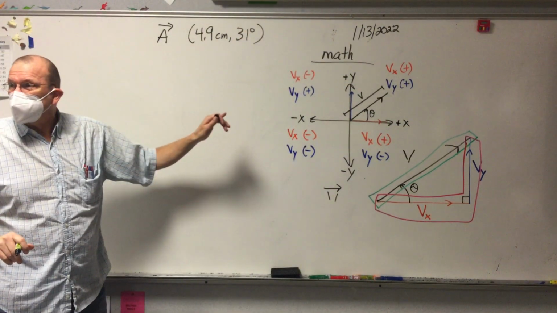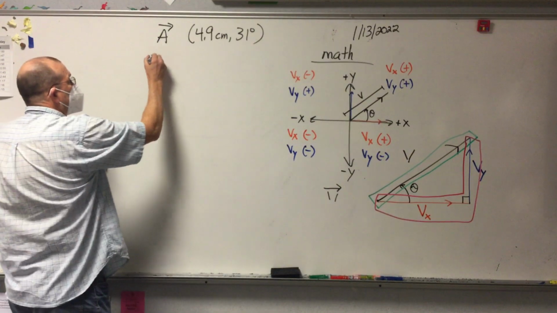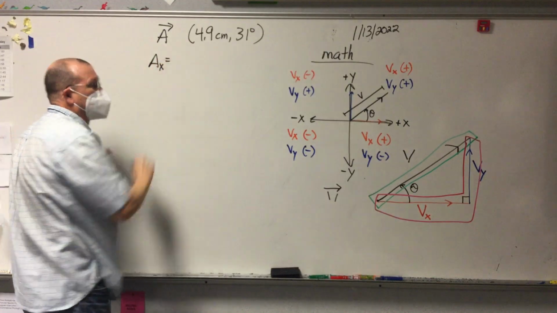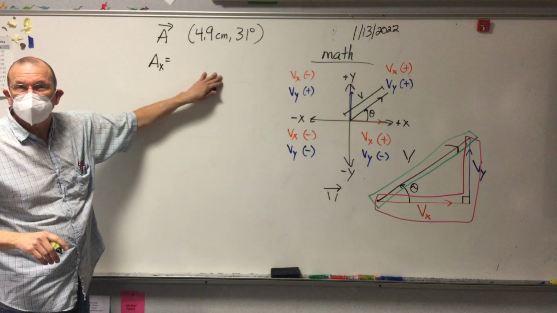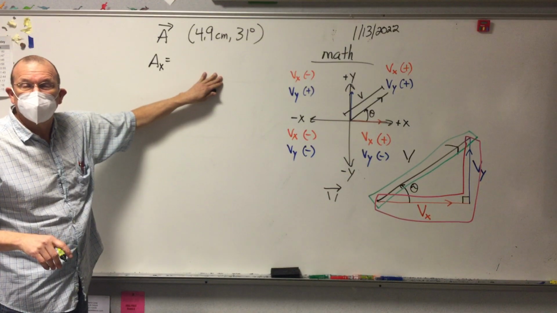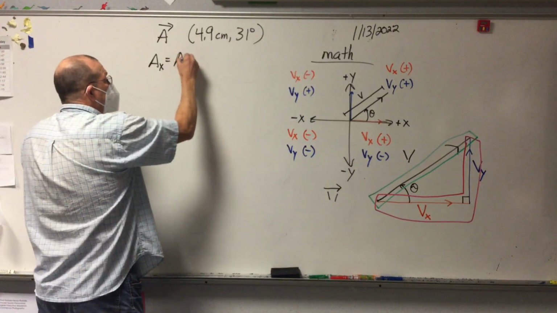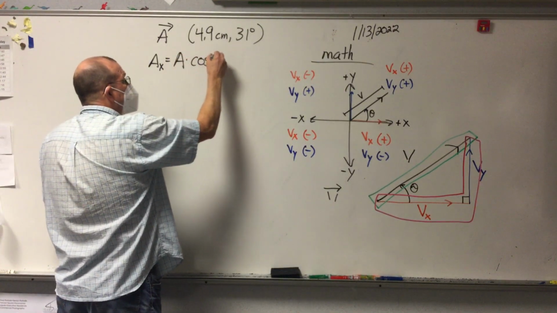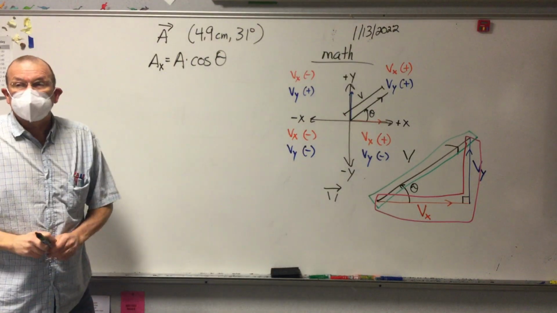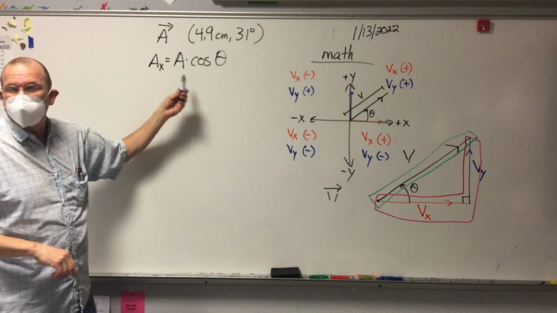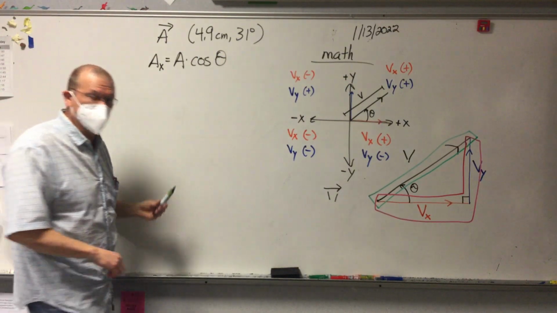We need to break A into AX and AY. In order to calculate AX, what is my mathematical expression? A times cosine of theta. Now, I would love to make you do one other thing, but you'd get even more pissed off at me.